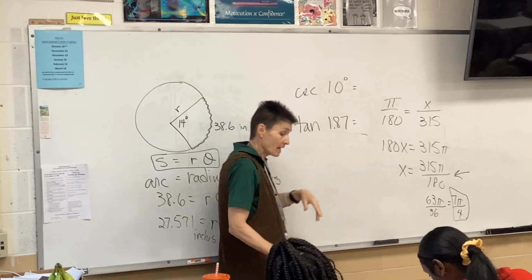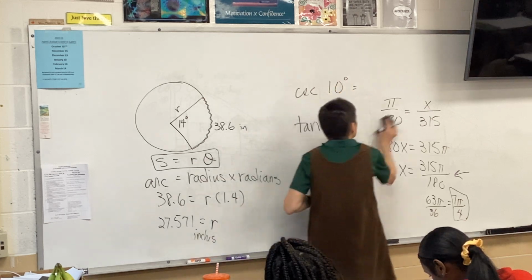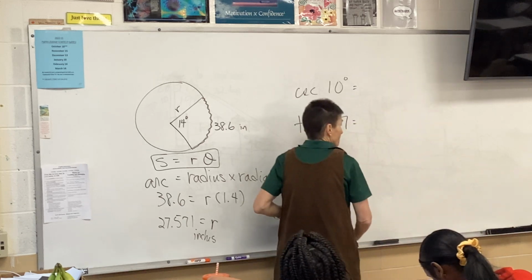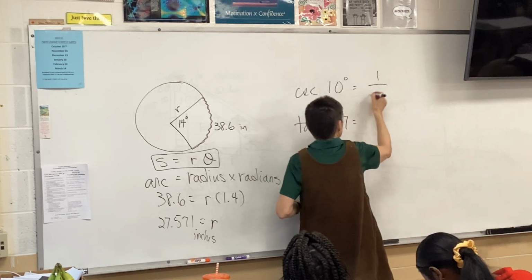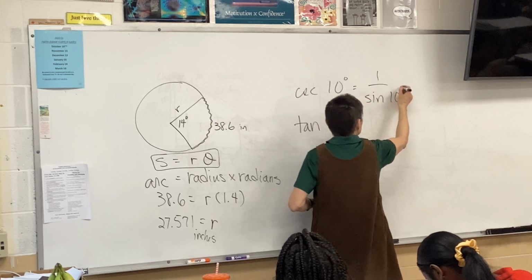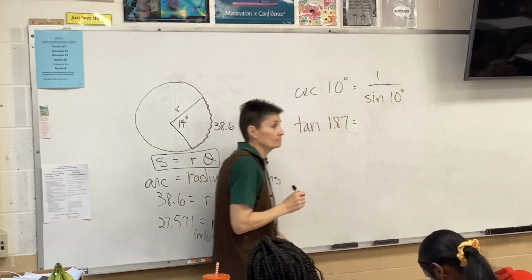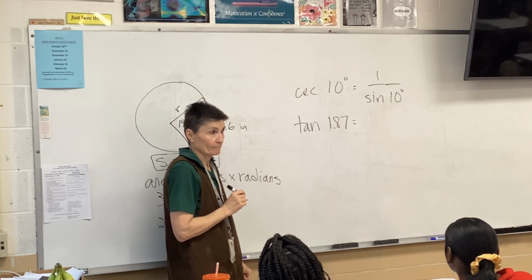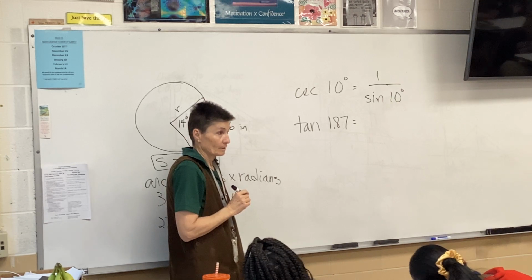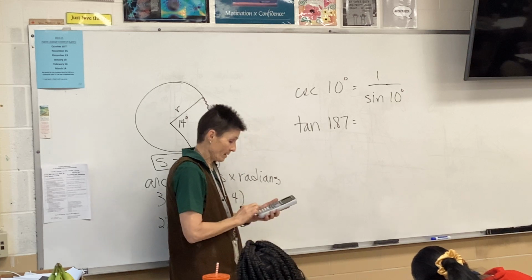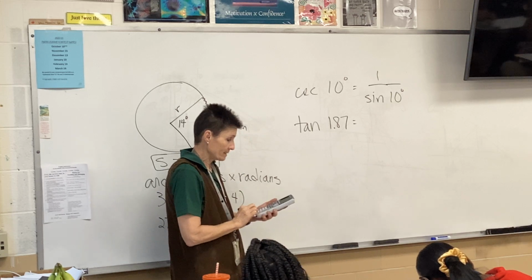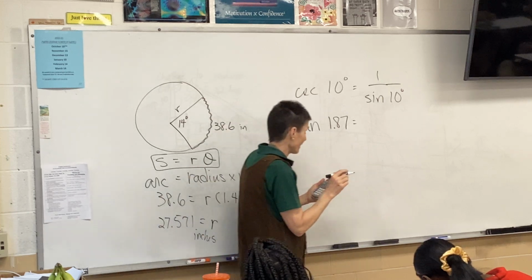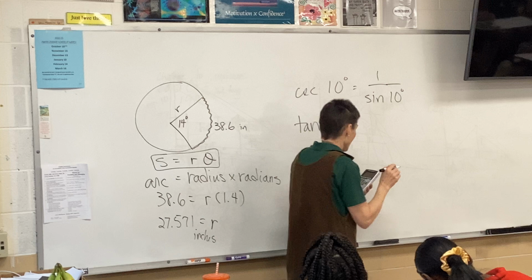Now, how am I going to type a cosecant in on my calculator? 1 divided by sine. So 1 divided by sine 10. Did you get 5.759?